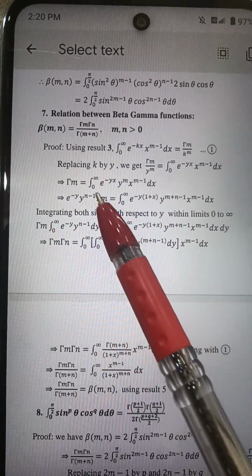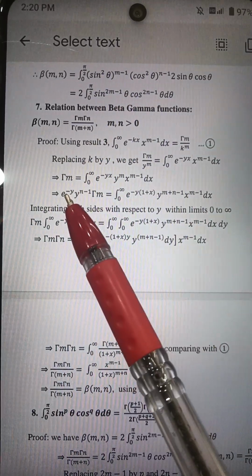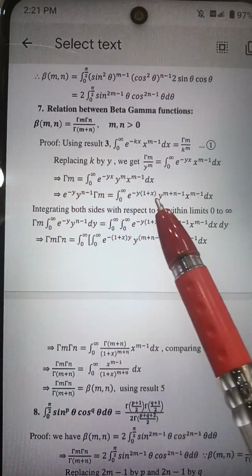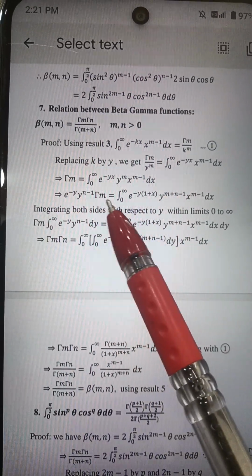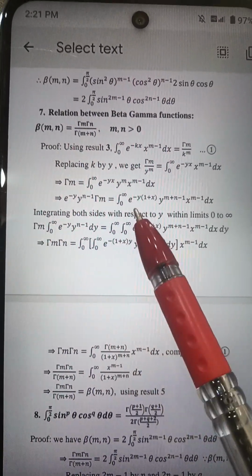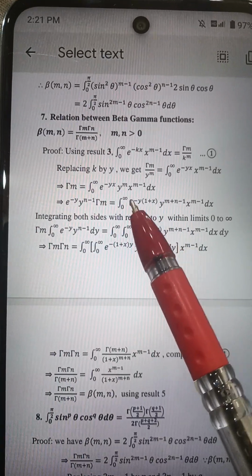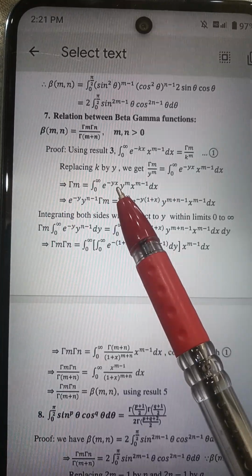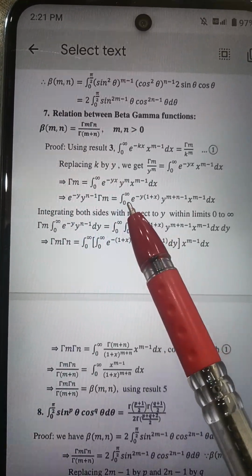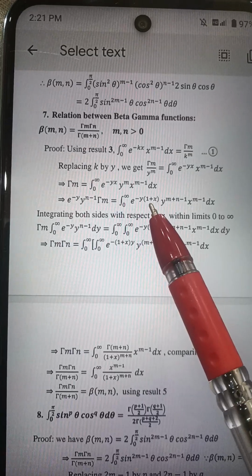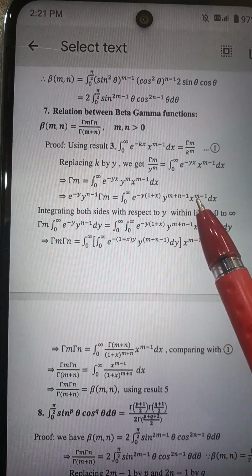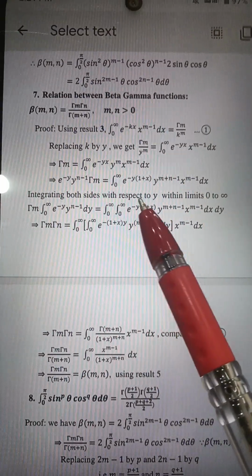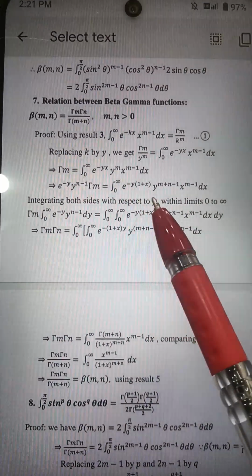On this side, e^(-yx) is multiplied by e^(-y), so minus y comes outside and 1 plus x is left inside. Okay, now we will integrate both sides with respect to y.